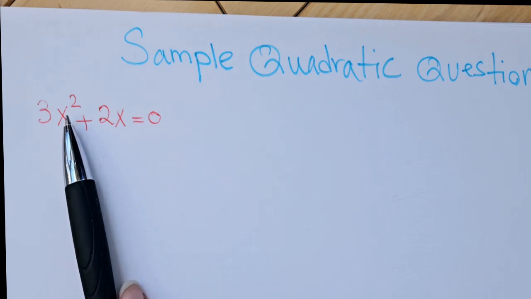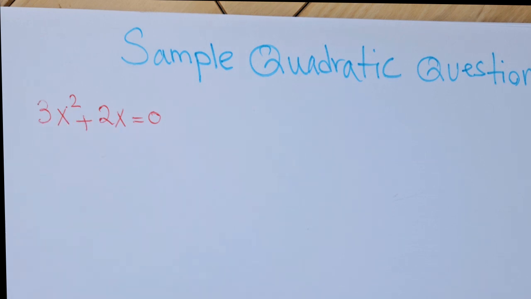Okay? So, whenever you want to solve a quadratic equation, you have a few options. If the question doesn't specify which method to use, you can use the most straightforward one.